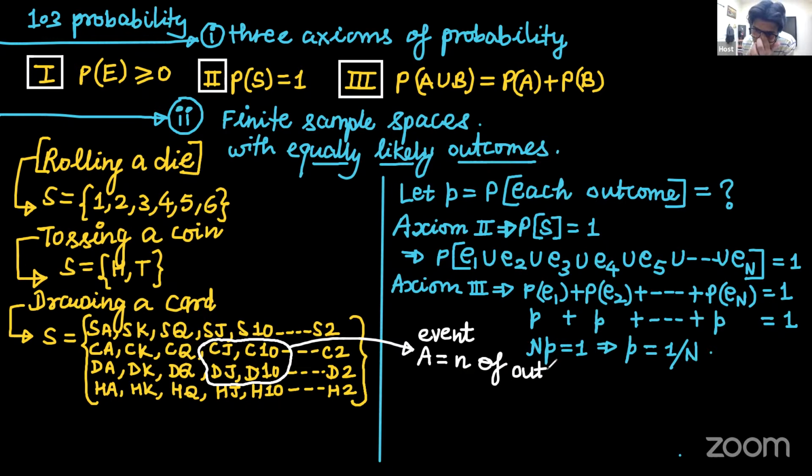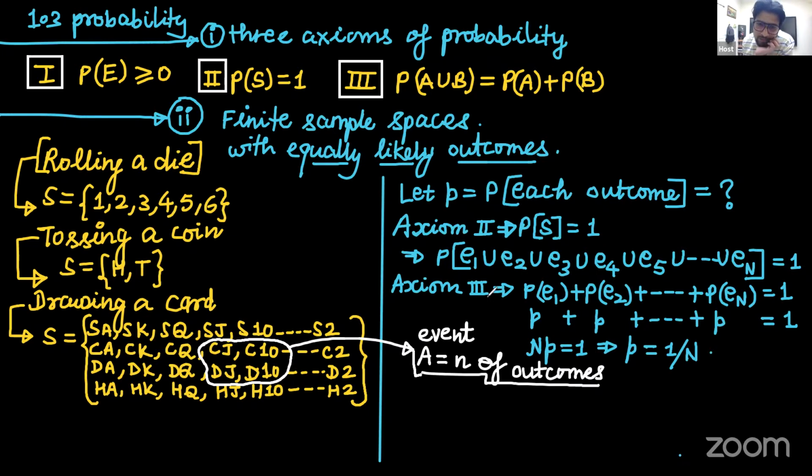I'm defining an event A on the same sample space that contains a small n number of equally likely outcomes.